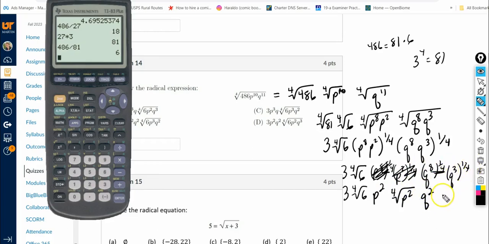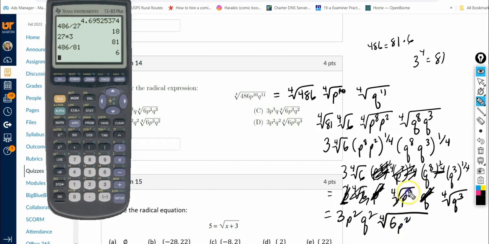And here, I'm going to have the fourth root of q cubed. Because what I'm going to do is I'm going to combine all of my fourth roots together. So I'm going to have 3 out the front times p squared times q squared. And then I'm going to combine all of these fourth roots: 6 times p squared times q cubed.